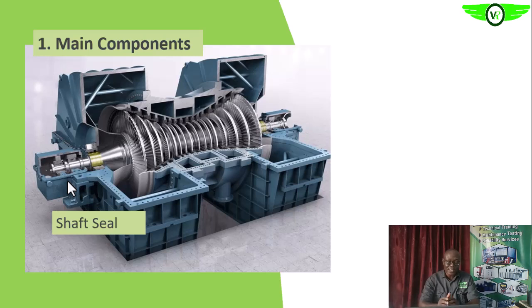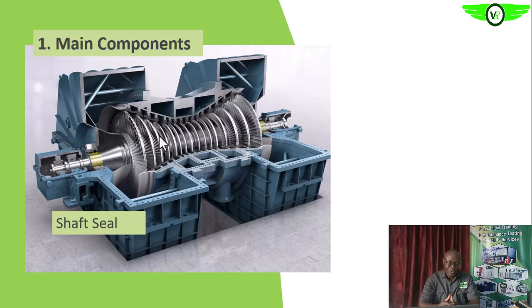So we need a system that will help to prevent the escape of that steam to help us maintain the efficiency of the turbine. So that is basically the function of the shaft seal, to help contain the steam within the turbine casing, to help maintain the pressure within the turbine casing, not allowing the steam to escape.